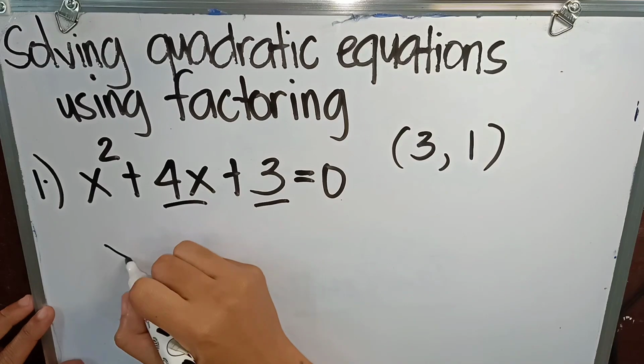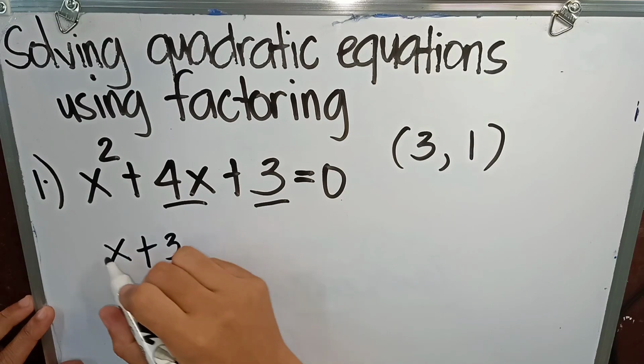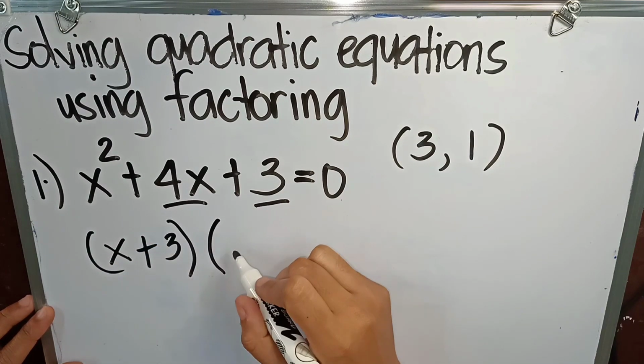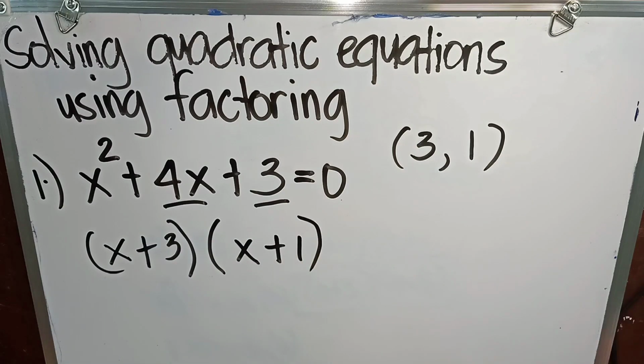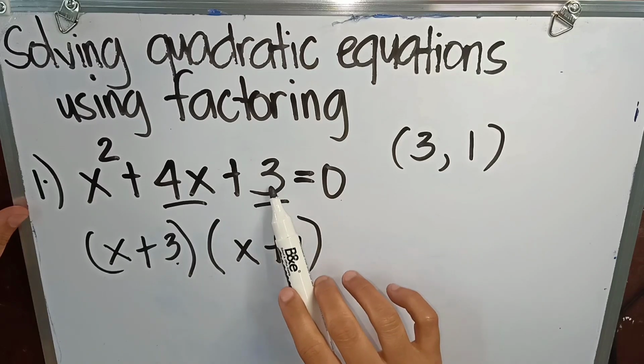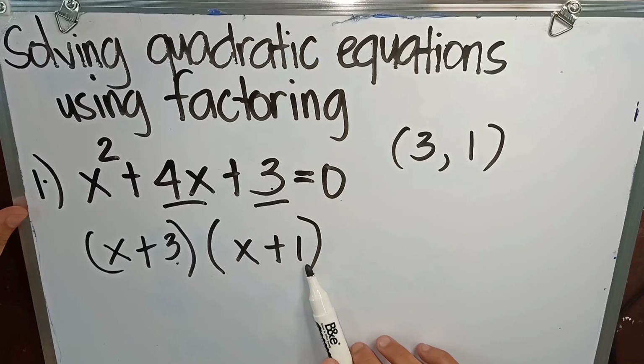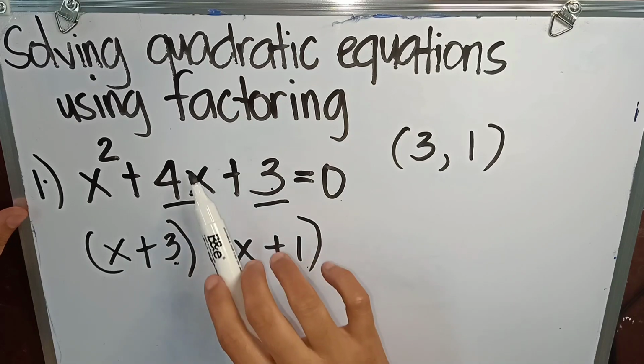So x plus 3 times x plus 1. This is your factored form of this equation. Review: 1 times 3 is 3, and 1 plus 3 equals 4.